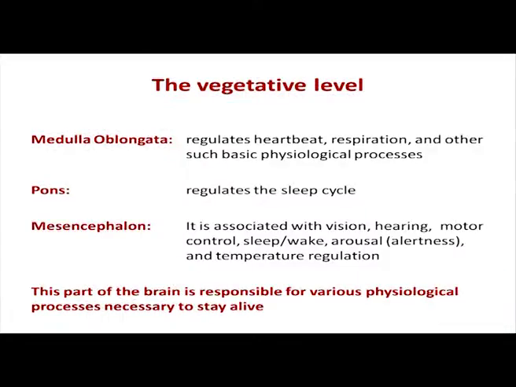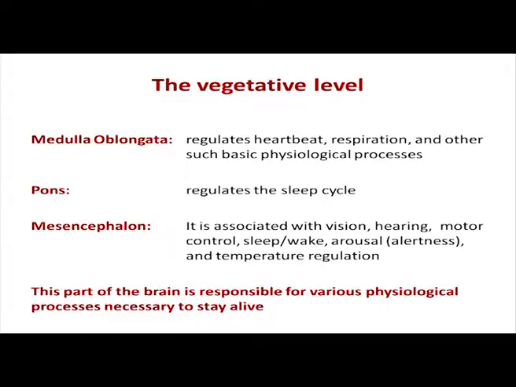So, getting to more specific details, the medulla oblongata regulates the heartbeat, respiration and other such basic physiological processes. The pons regulates the sleep cycle. The mesencephalon is associated with vision, hearing, motor control, sleep-wake arousal system, that is alertness, and temperature regulation.